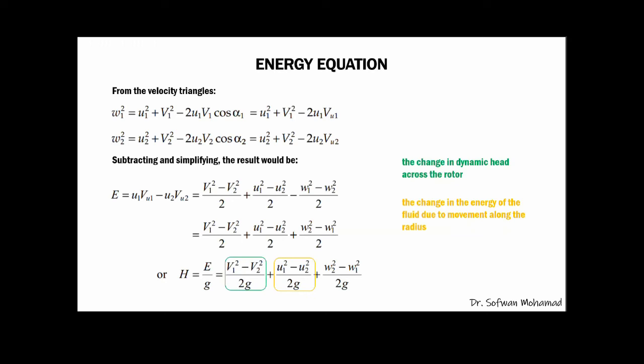In a sense, it represents the centripetal effect on the fluid, and this is used in centrifugal pumps and centrifugal compressors to produce changes in pressure. Its relationship to pressure changes in the fluid can be demonstrated in turbine by looking at the second term in this equation.